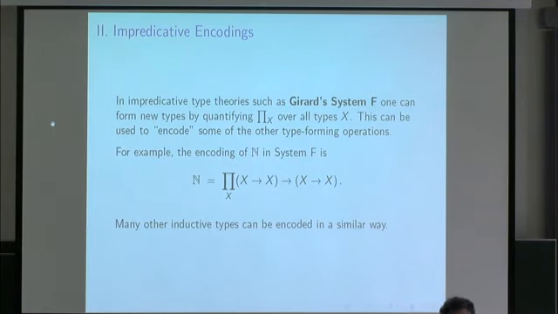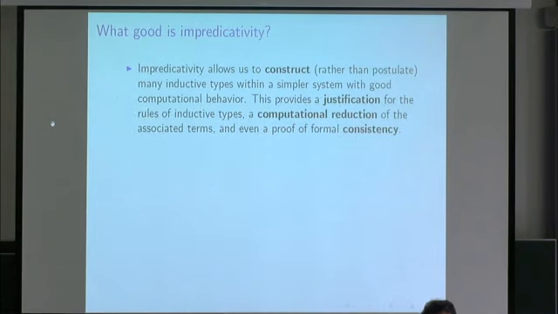So that's the cool thing about the impredicativity. What good is it? Well, it allows us to construct many inductive types within a simpler system, one that doesn't have primitive inductive types and has good computational behavior. For example, the system without the inductive types is known to have the strong normalization property.